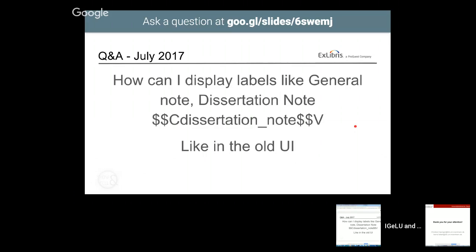All right. So the next one. How can I display labels like general notes, dissertation notes? And I think that's the stuff that needs to go into the normalization rules, like in the old UI. Well, if it doesn't work, then it's a bug that we need to fix out of the box, because we did try to make it work, so yeah, it should work.